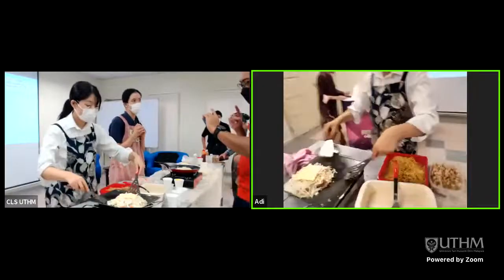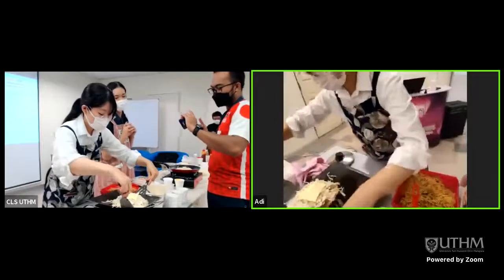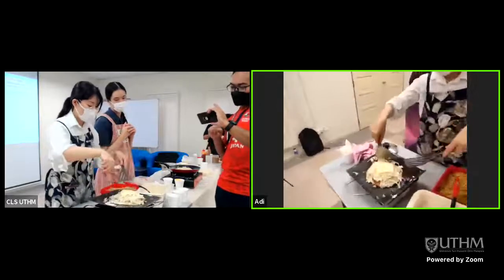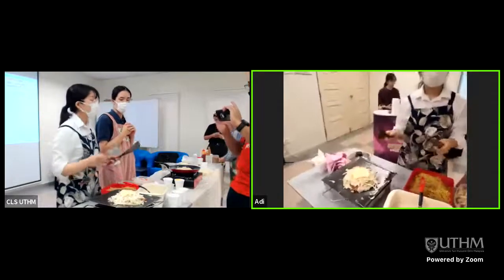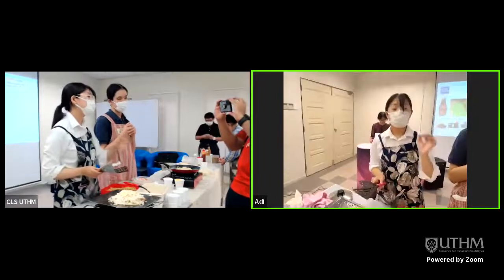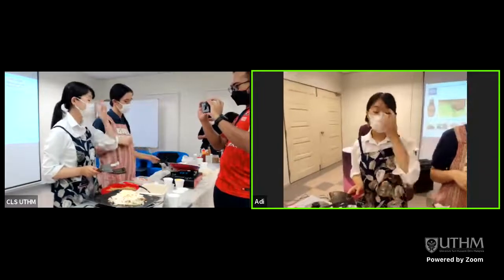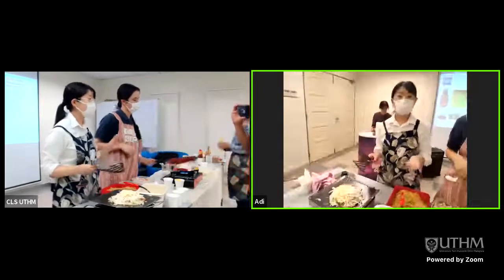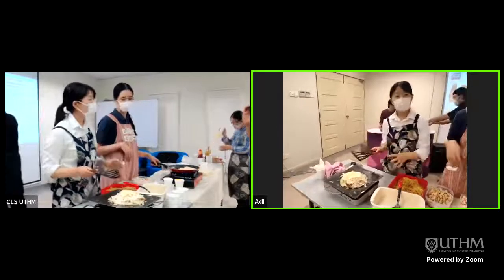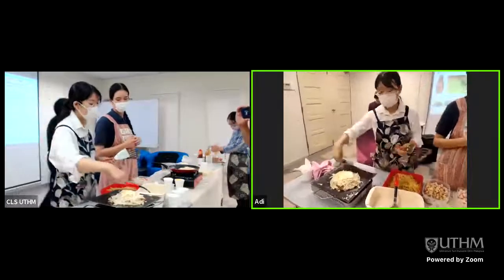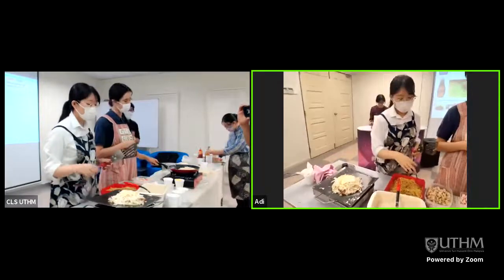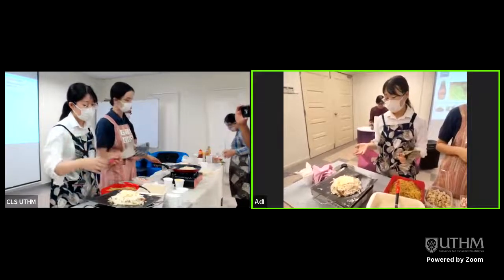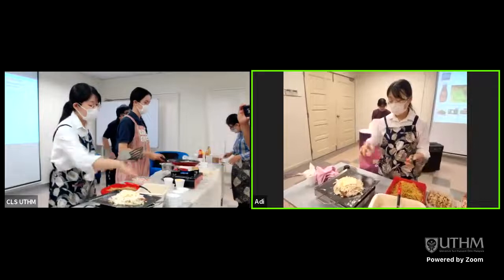Some of our participants are asking a question for cooking Hiroshima style okonomiyaki. Is it a must to use teppan, or can we use a pan as well? It's not a must, but it's preferred, because for Hiroshima style okonomiyaki, the first layer and second layer have the eggs, so we need a large surface.